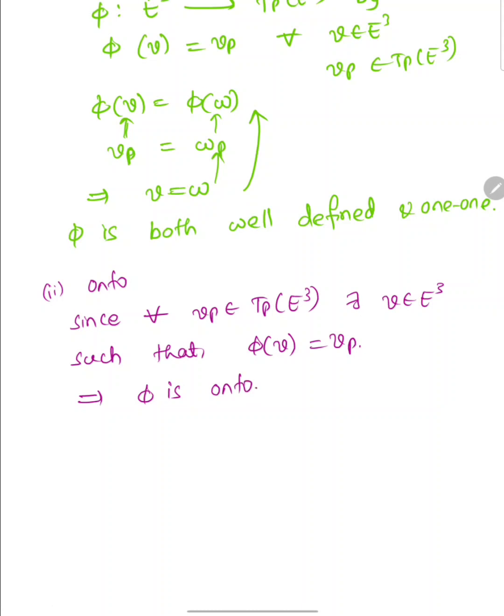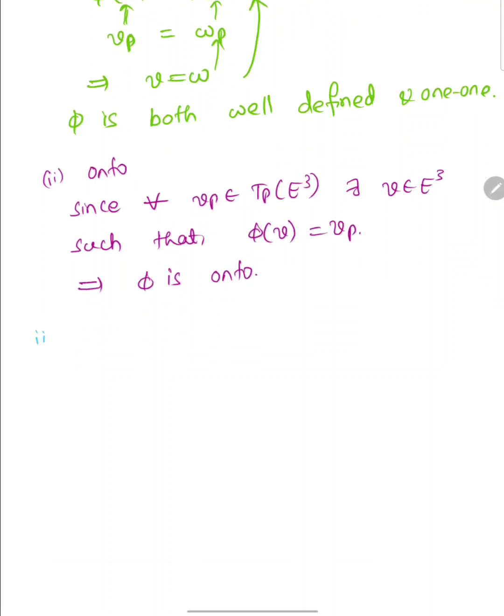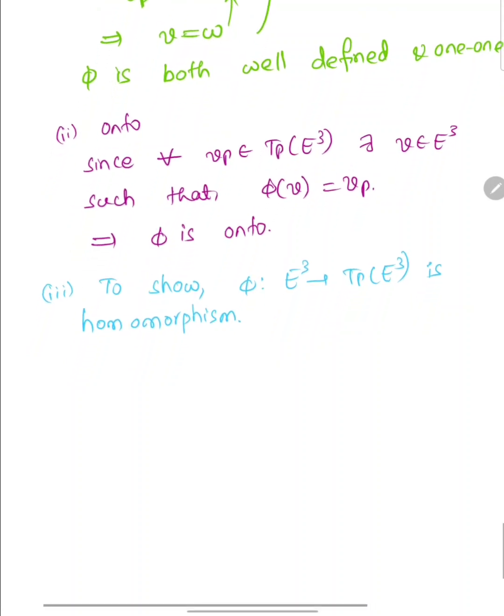Next, what we are left with is to show the function pi from E3 to Tp of E3 is a homomorphism. For showing homomorphism we have to use both operations of vector addition and scalar multiplication.